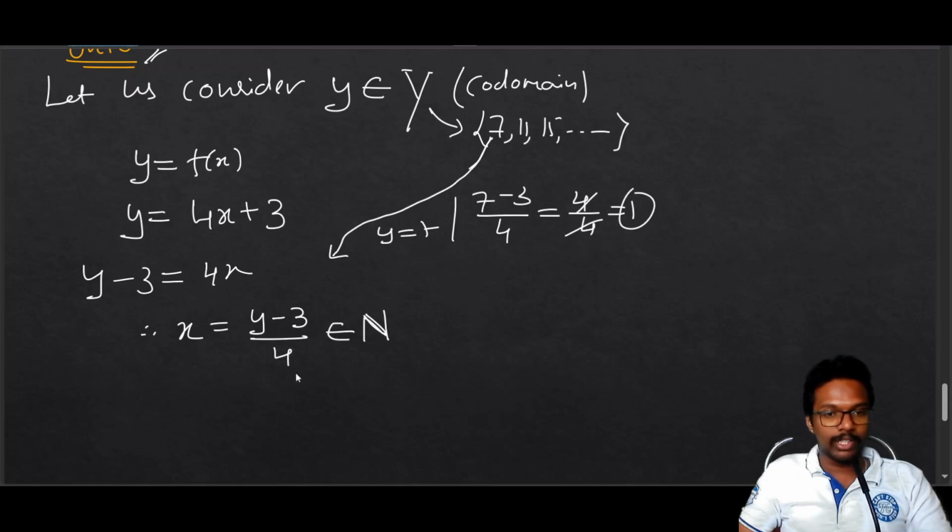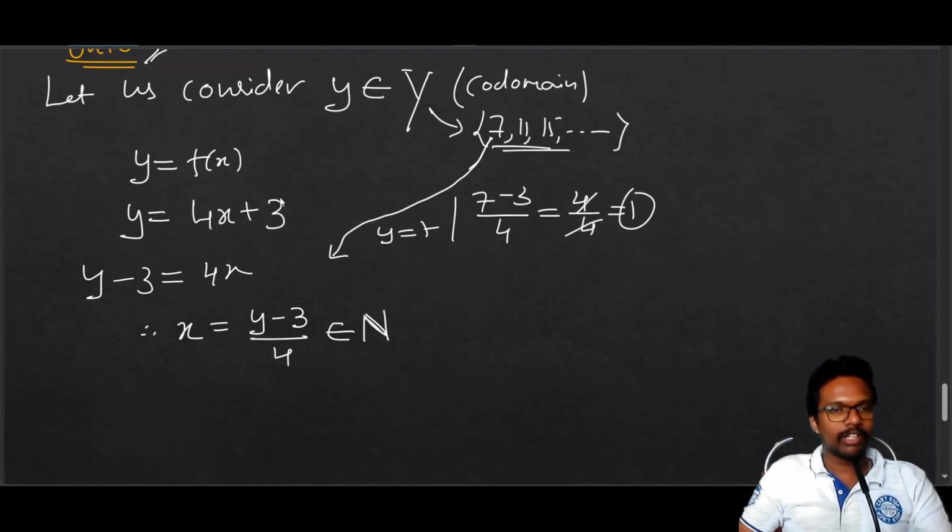Actually if you see this y minus 3 divided by 4, it doesn't look like it belongs to natural numbers, because it looks like a fraction. A fraction will not be present in natural numbers. But here this will be in natural numbers. Why? Because this y is restricted. Here y contains only 7, 11, 15, those values, which came from this 4x plus 3 itself.